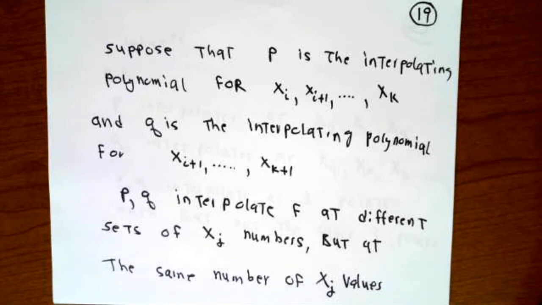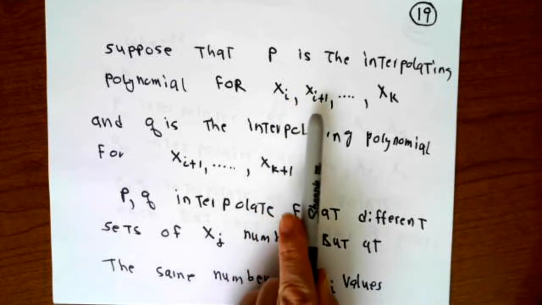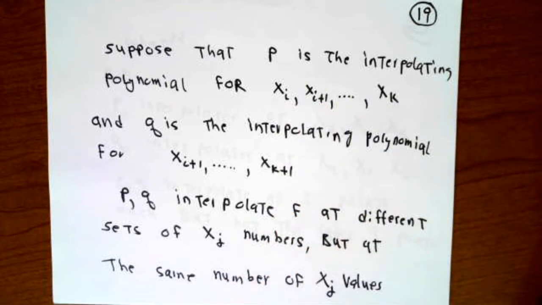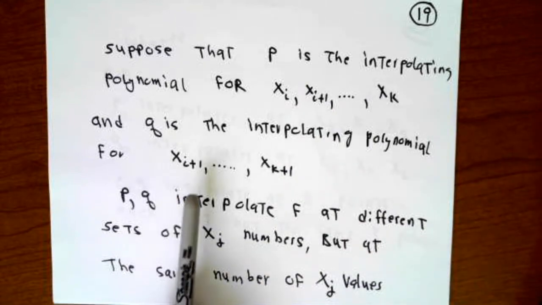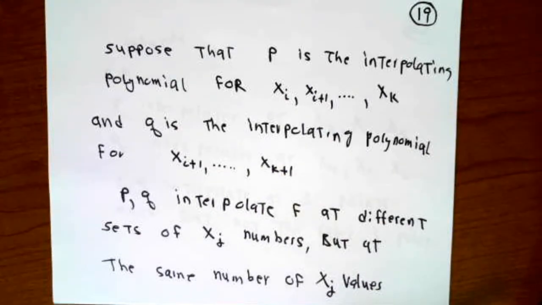What follows is high trickery. Whoever thought of this the first time was an extremely clever person. We're going to say that we have a polynomial p that interpolates at xi through xk. We're also going to have a polynomial q that interpolates at xi plus 1 through xk plus 1.